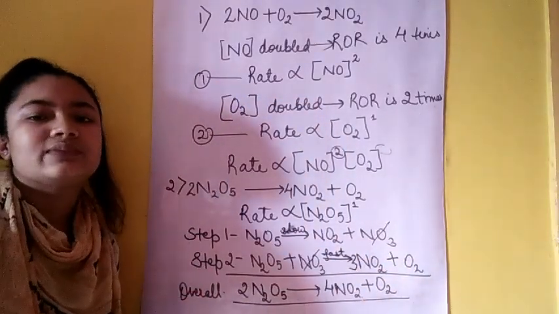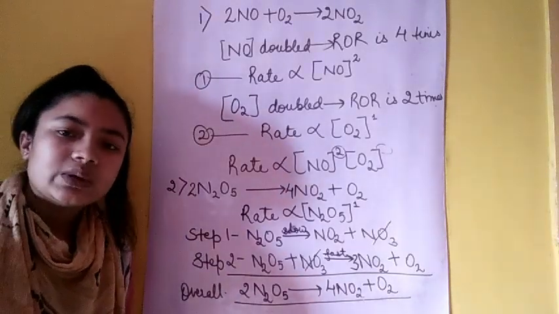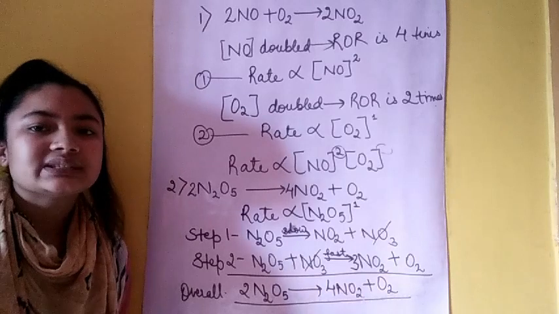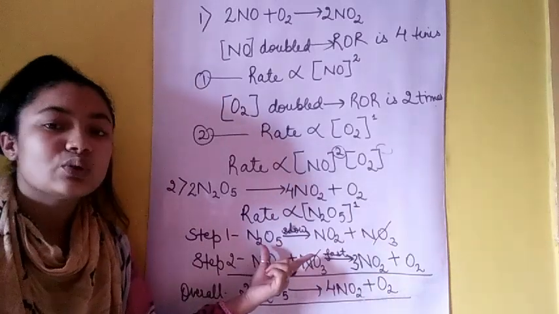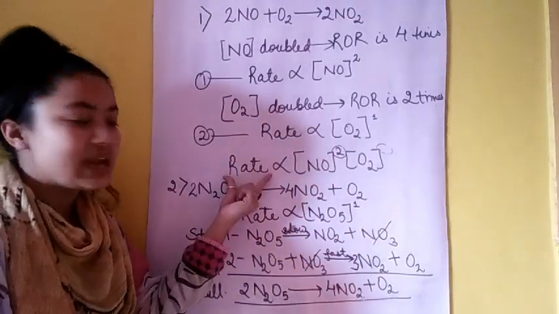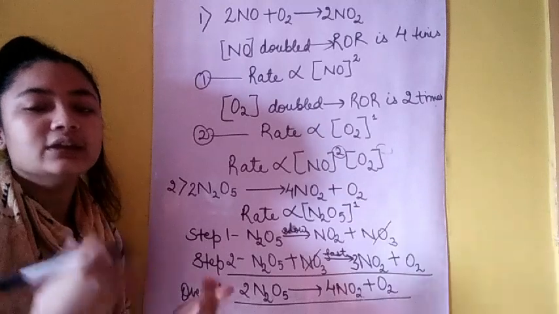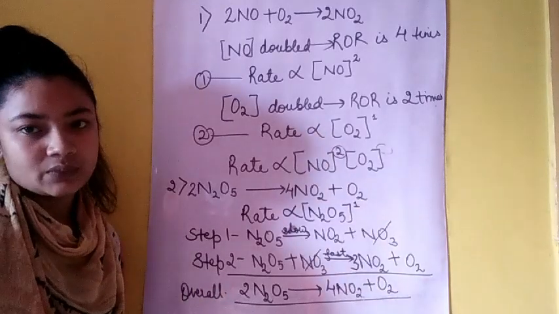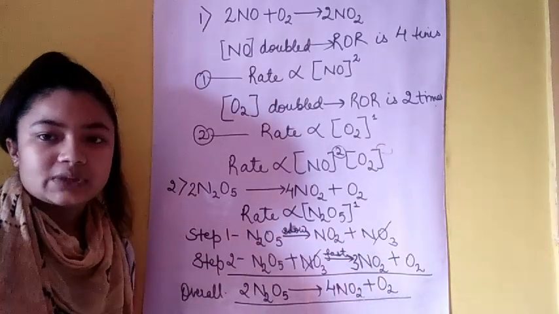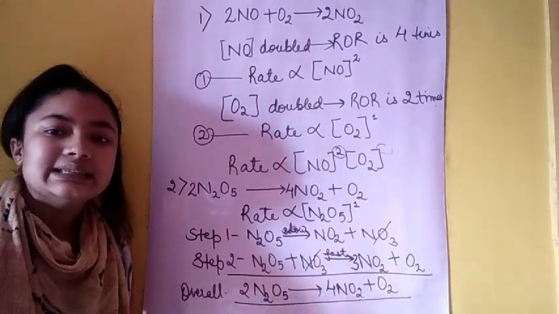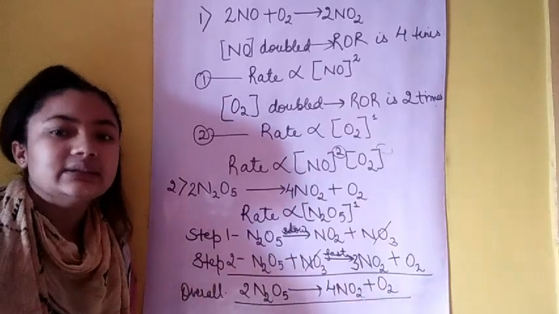Now what do slow and fast mean? In chemical kinetics, always remember that the slowest step is the rate determining step. The slowest step is the one that determines the rate. Now why so? In the slowest step, we can see how many moles of the reactant are taking part in it.